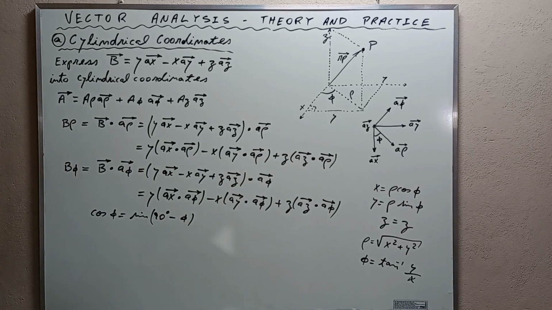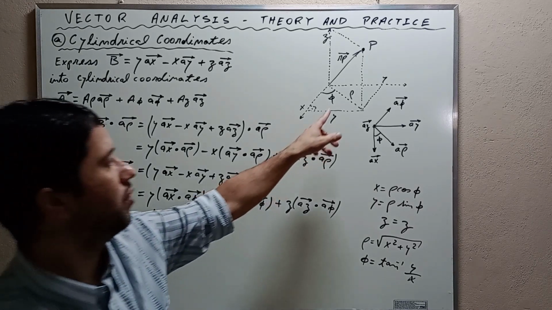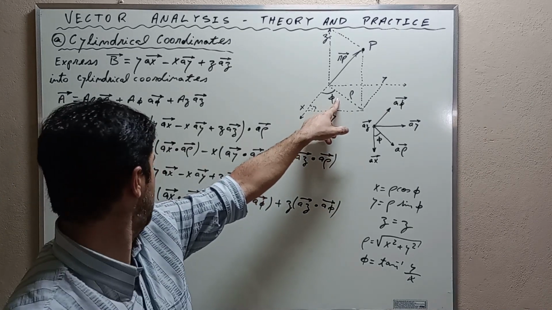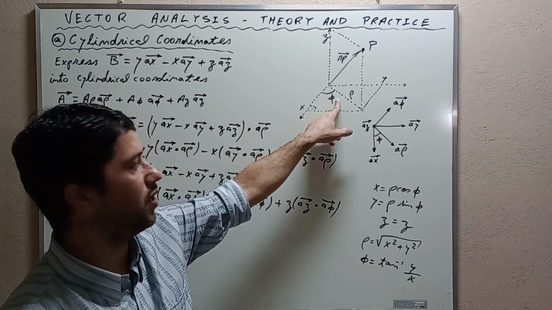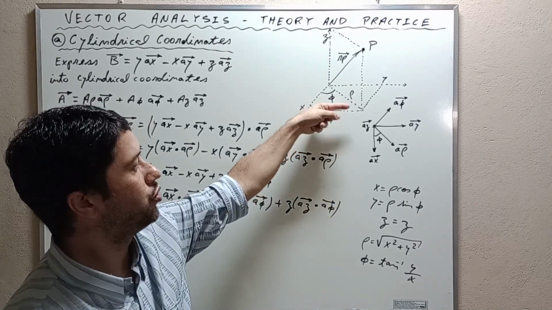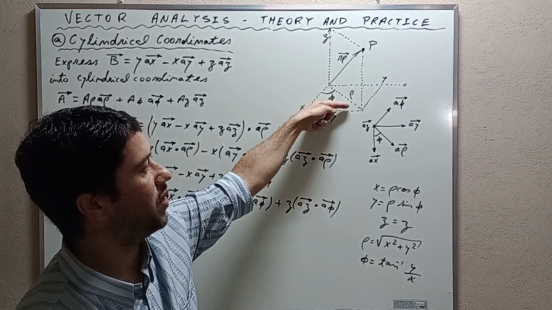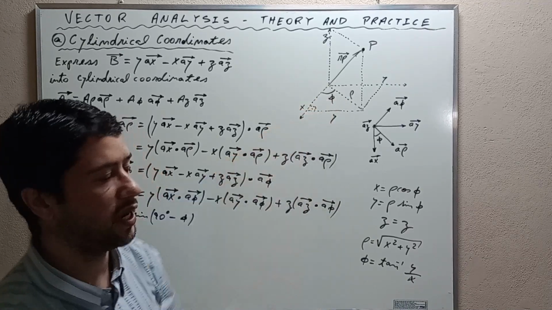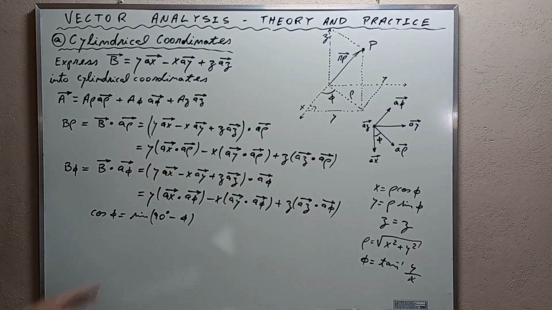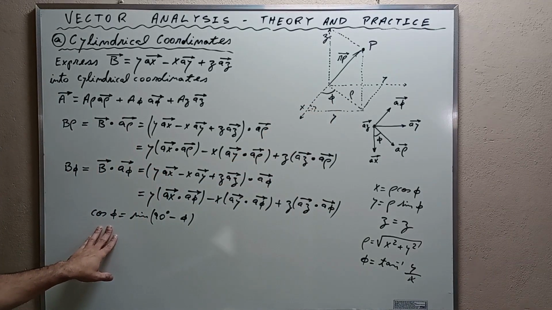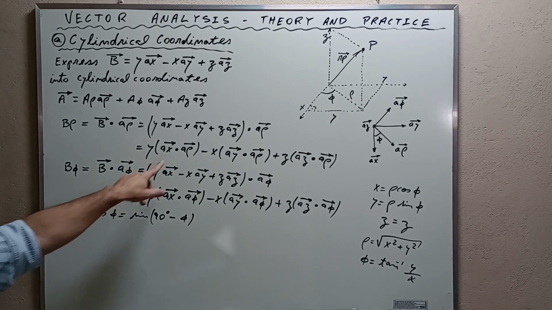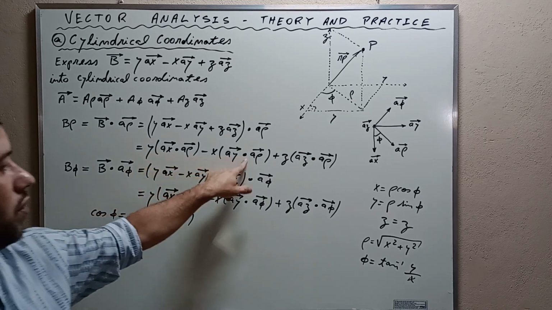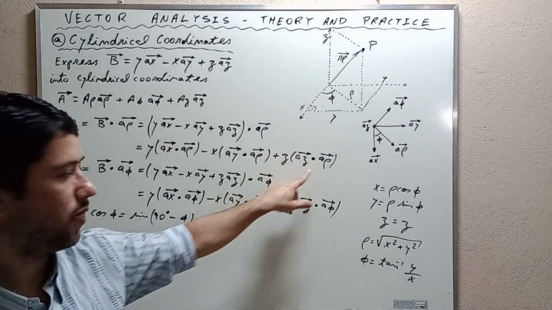This is right for this. The cosine of this angle is equal to the sine of this angle and vice versa. The cosine of this angle is equal to the sine of this angle. You're going to need to consider this to calculate these dot products here, okay?